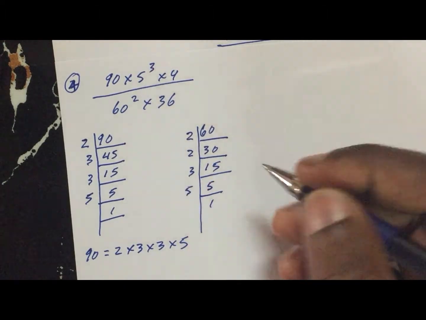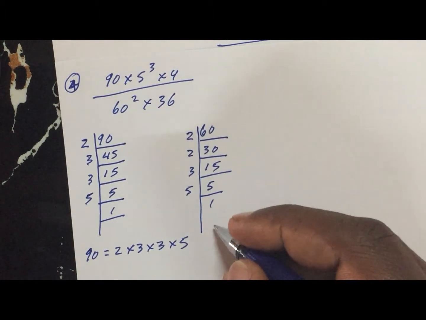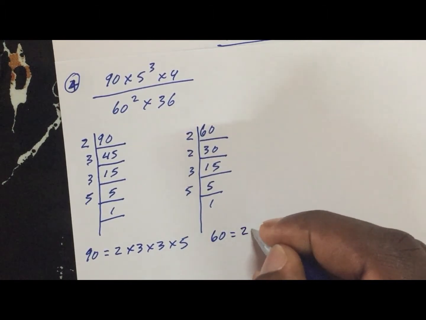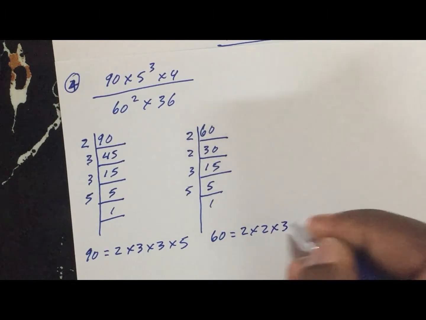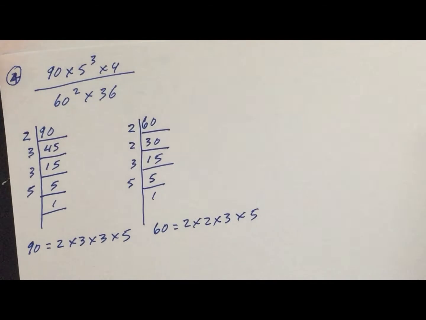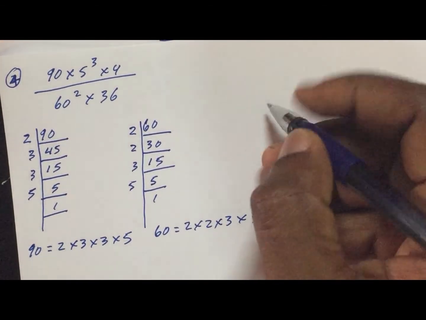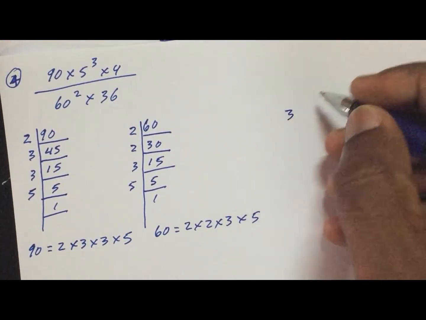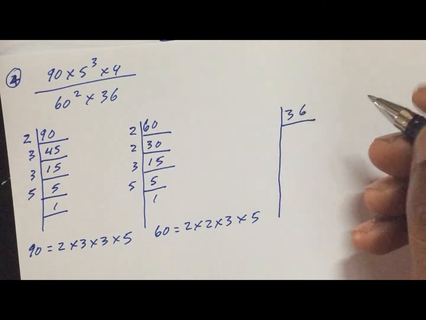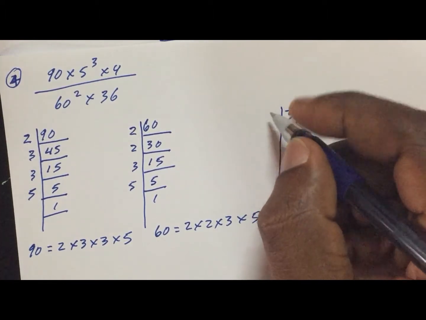Divided by 5 gives us 1. So you can say that 60 is equal to 2 times 2 times 3 times 5. The next one would be 36. Let's go. Hope you guys are understanding what I'm doing. Pretty simple, huh?